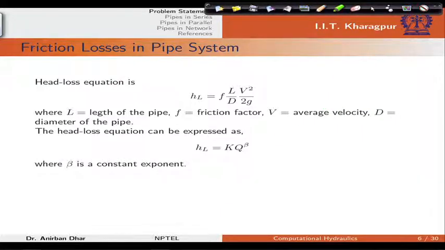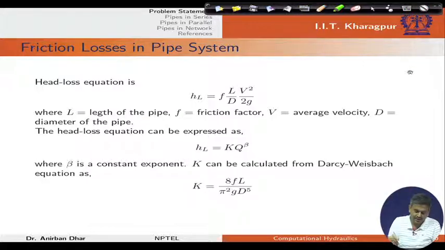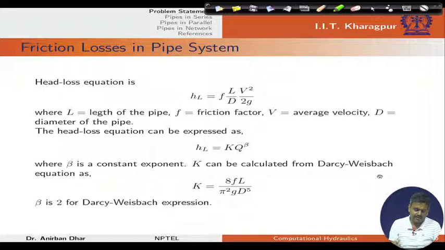So, with this convention we can say that this is 8 F L by pi square g D to the power 5. Now, we can directly utilize this during our pipe network calculations, where beta equals 2.